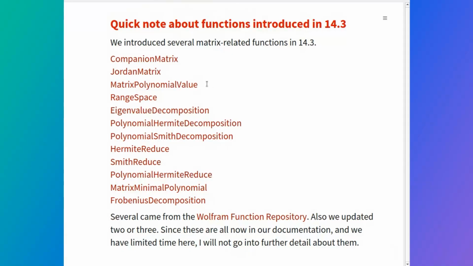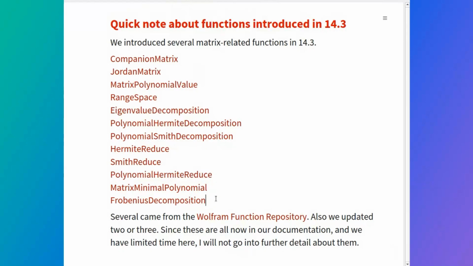Other than that, companion and Jordan matrices are kind of obvious things we were missing, and they were easy to add. A bunch of these, the matrix minimal polynomial and the polynomial Hermite-Smith decompositions, came out of the Function Repository, and we had decided it was time to really bring them to system functions.